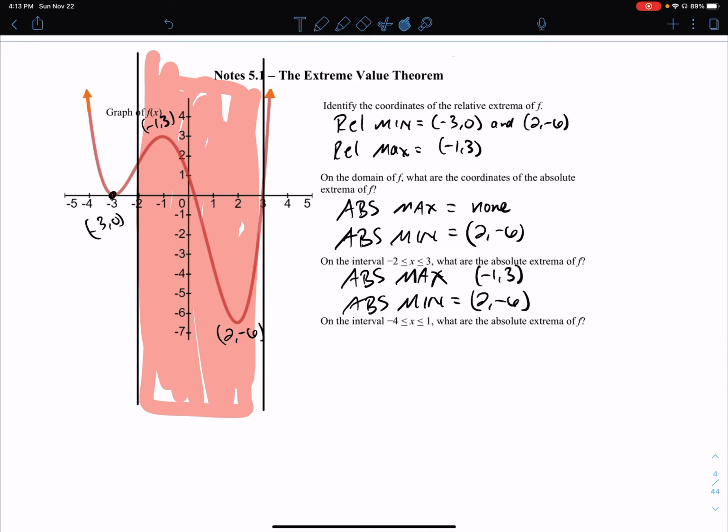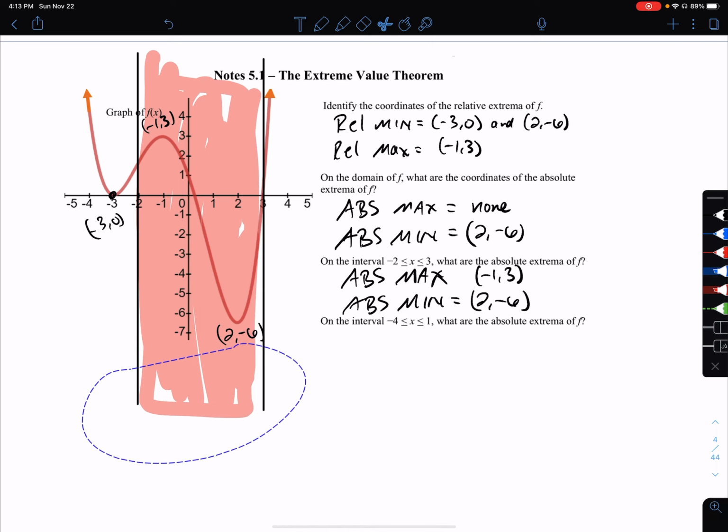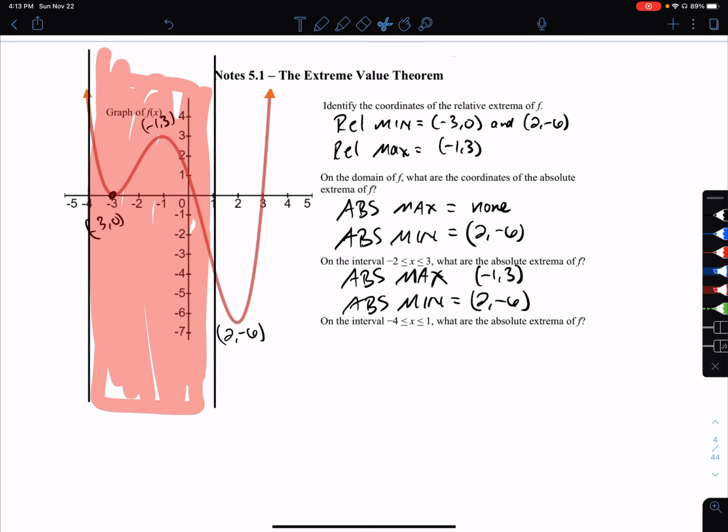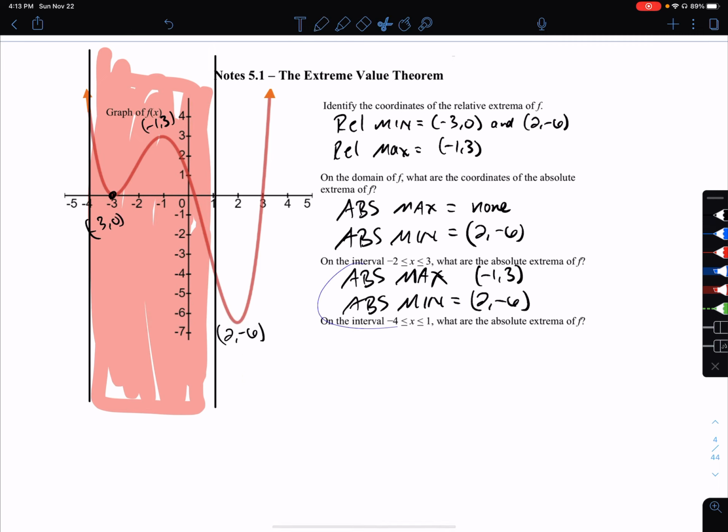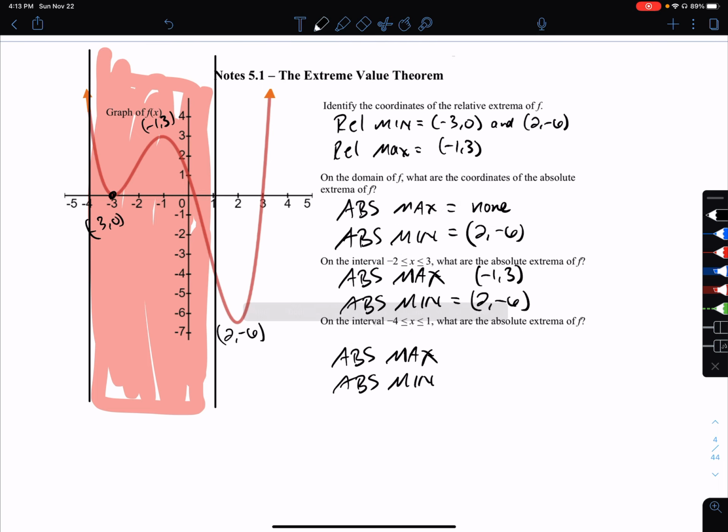Different question. On the interval from -4 to 1, from here to here, what are the absolute extreme values? Well, we've got to find the absolute maximum and absolute minimum. Highest point is going to be here, which looks like it's -4, 4.